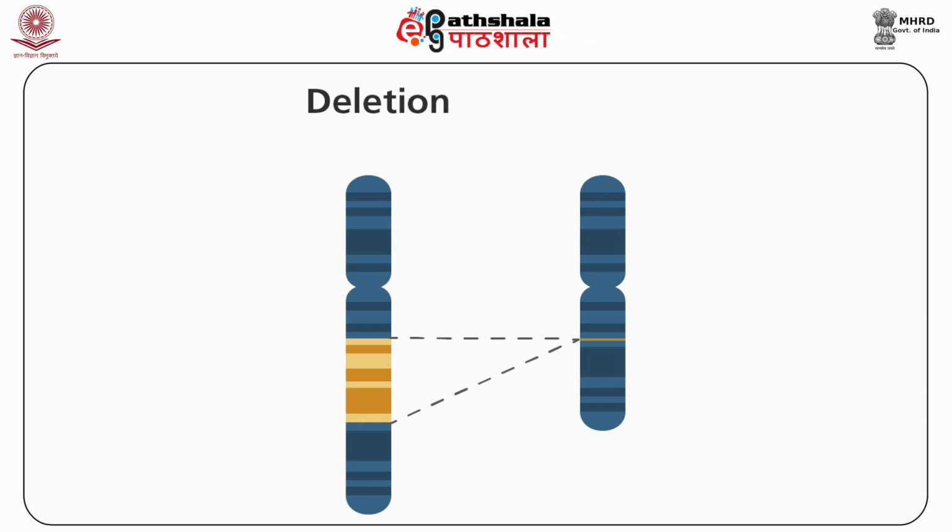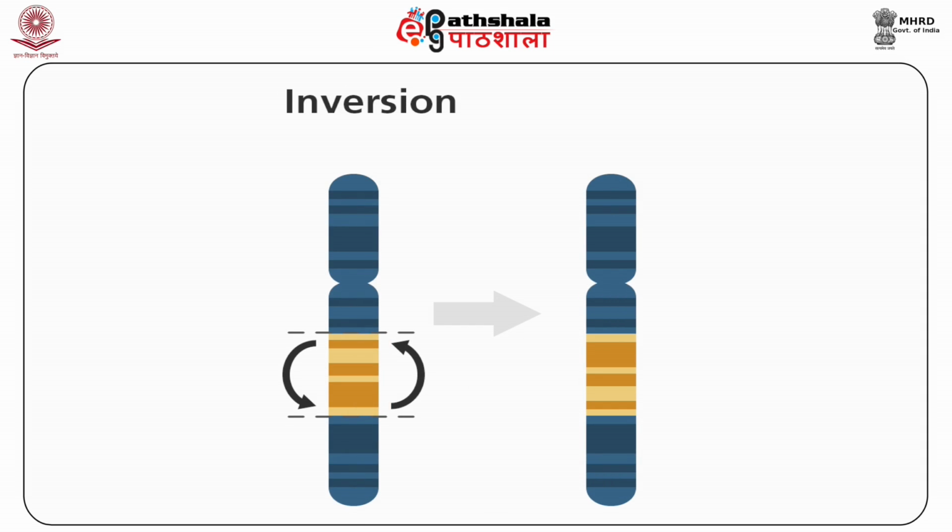The abnormal fusion protein has constitutively active kinase activity that causes oncogenic transformation, that is, a transformation from normal cells to cancerous cells. Chromosomal inversion, reversing the orientation of a chromosomal segment.